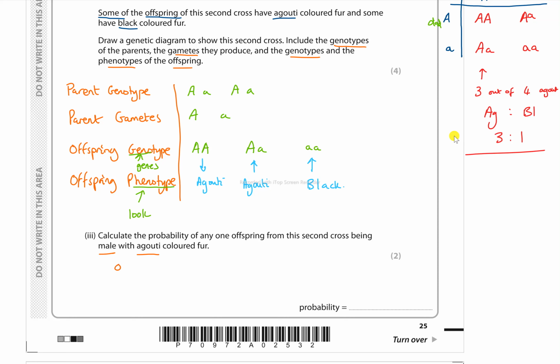So it's 75% times male is 50%. And what that should give you is 0.375, which is 37.5%. Okay.